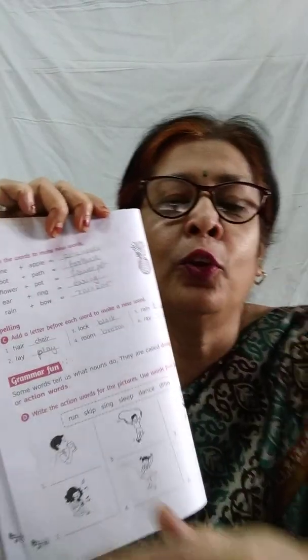The spelling is what? C-O-M, then P, then U, T, E-R. Got it?